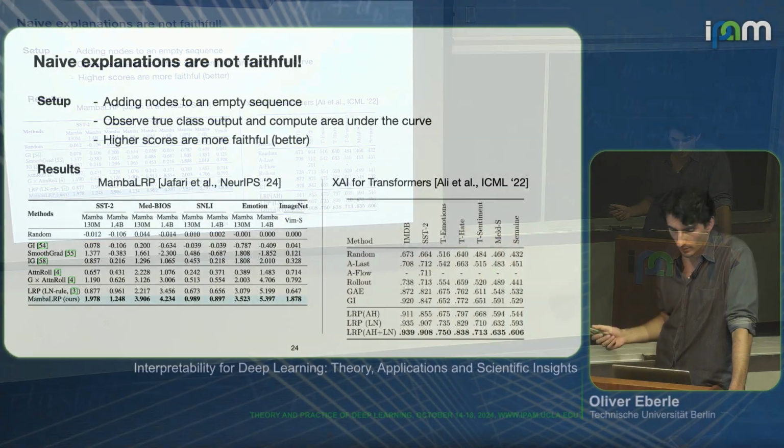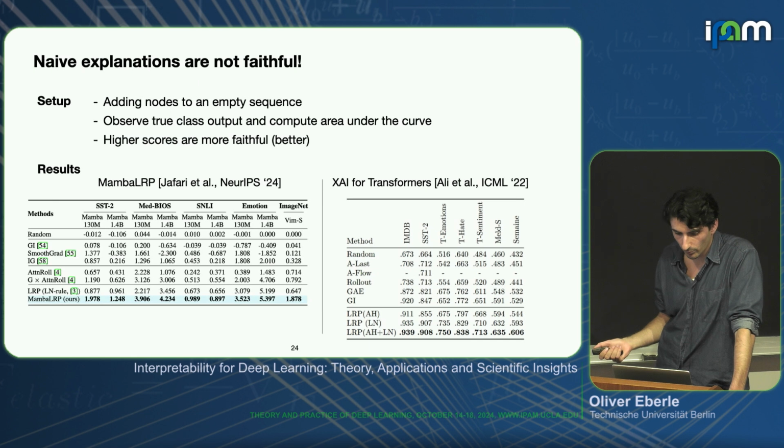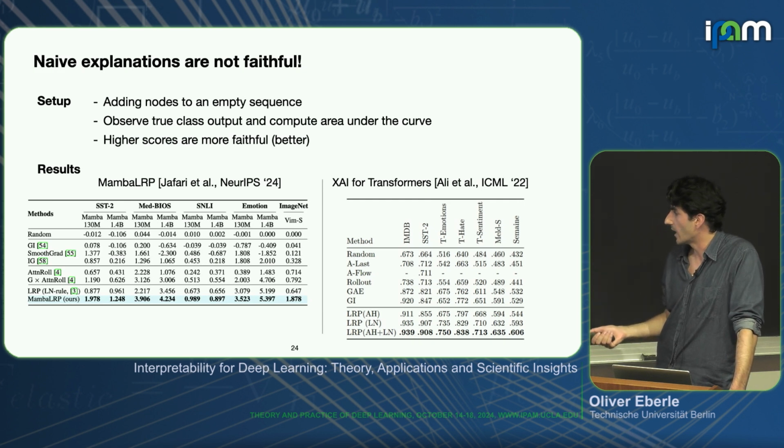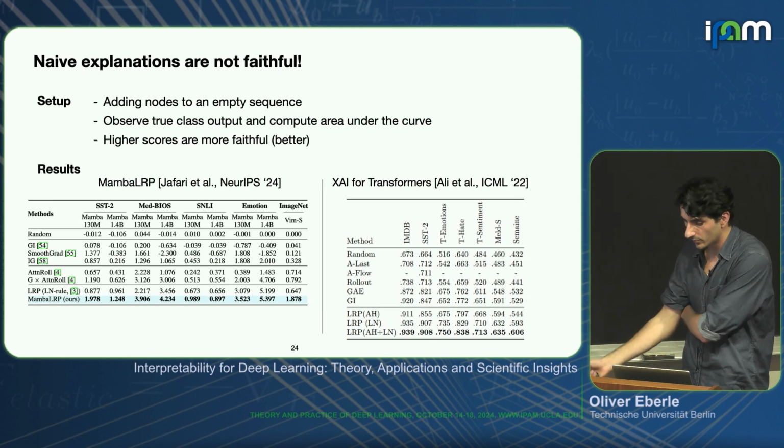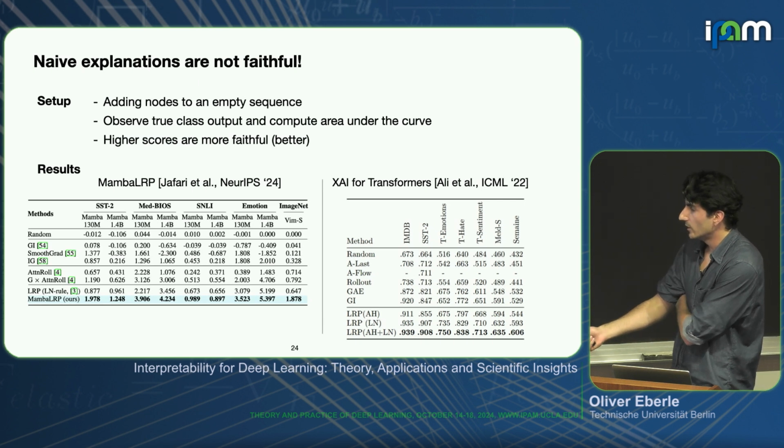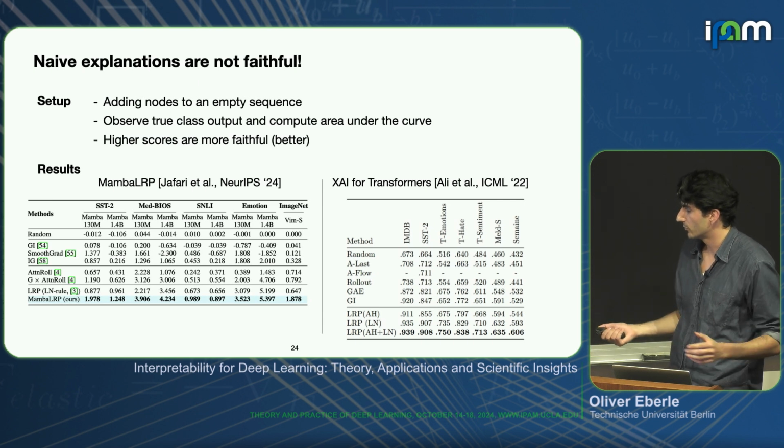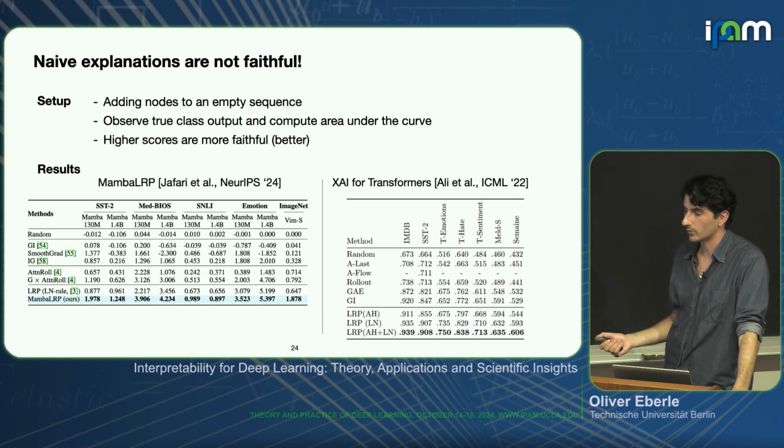And if we do this for Mamba, we see that in comparison to other more naive approaches, most of which use some gradient information, we perform much better. This reproduces our findings that we already had for transformers, that you really need to consider a faithful attribution method to get good results when you want to understand what features are important in these complex models, because a naive attention method would give you a much less faithful result.